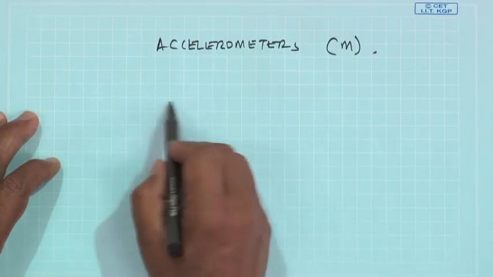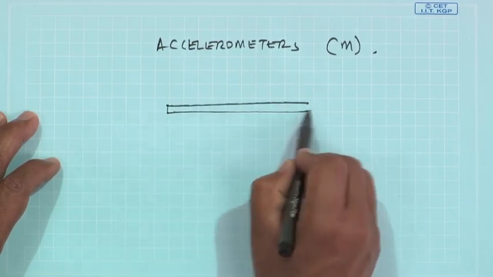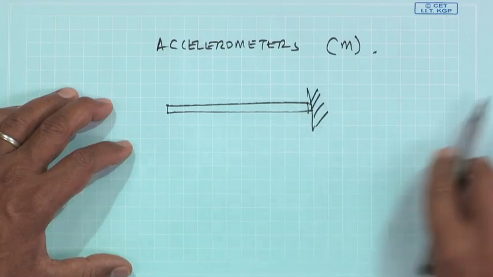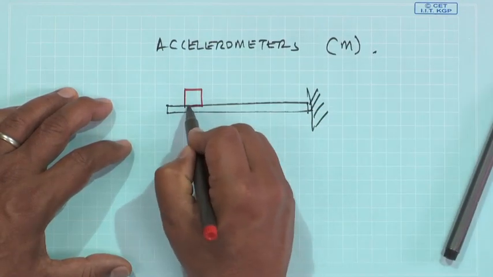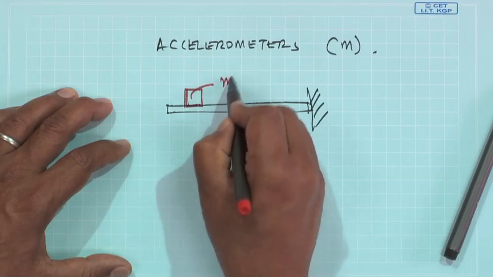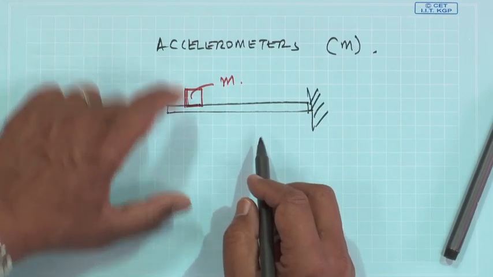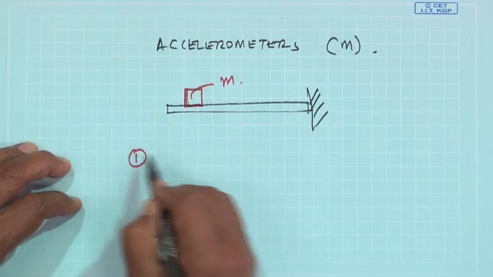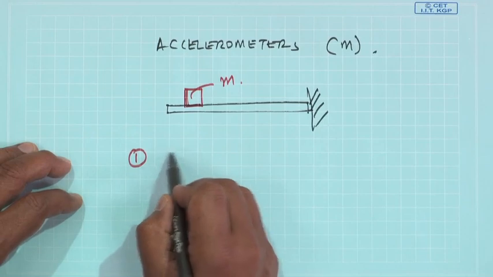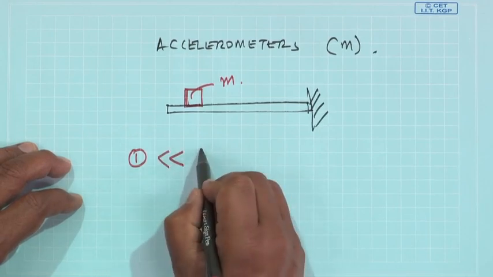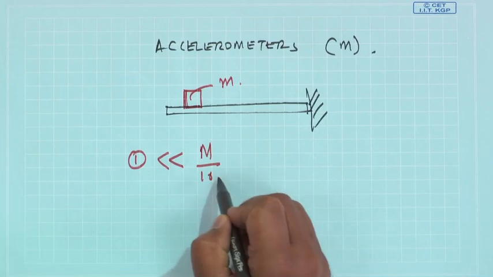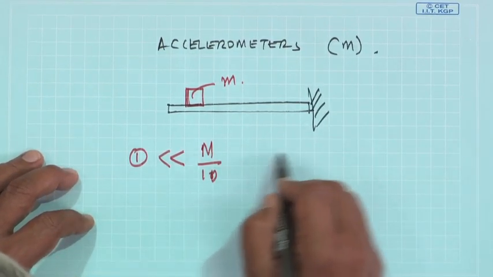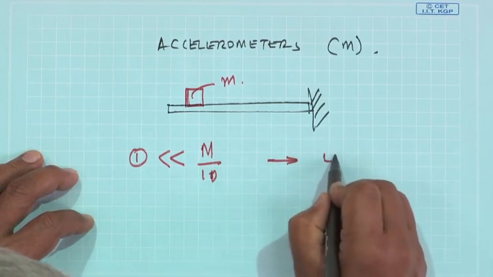Now, imagine if I am measuring the vibration of a very thin structure, and I put a heavy transducer of some mass on it, the transducer mass is going to affect the dynamics. So, I am loading the system with the transducer. So, I must have an accelerometer whose mass is much less than 1/10 the original mass of the system where I am measuring vibrations. But this is always not possible for light structures.